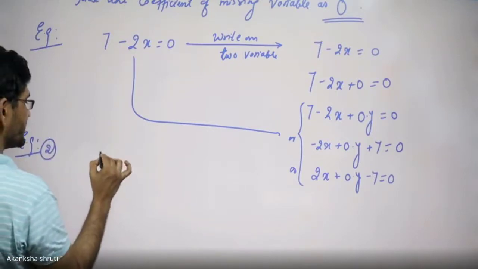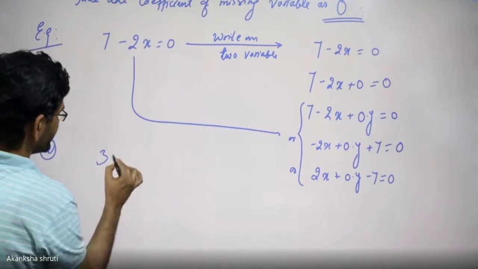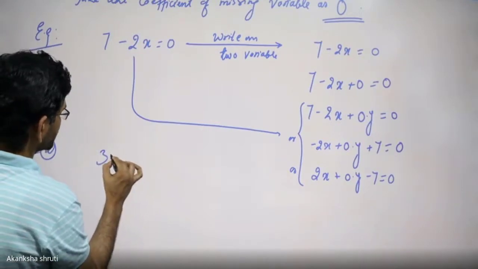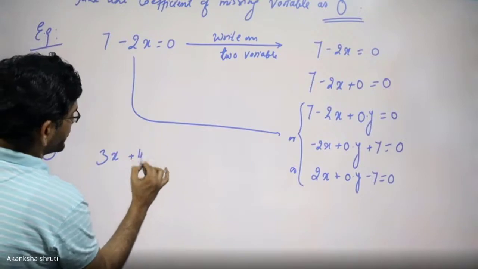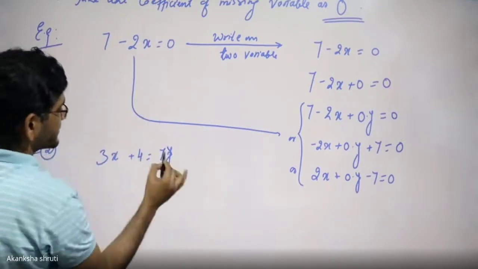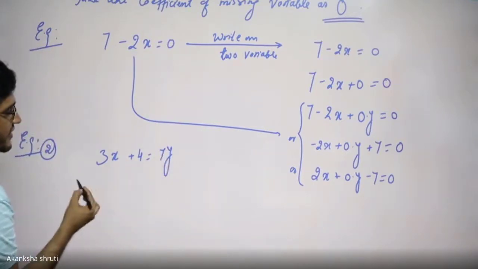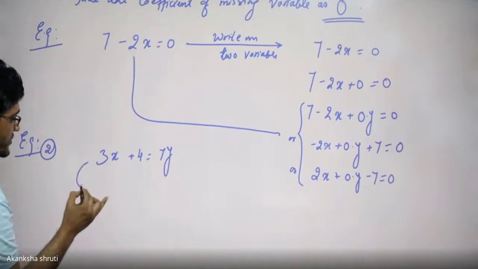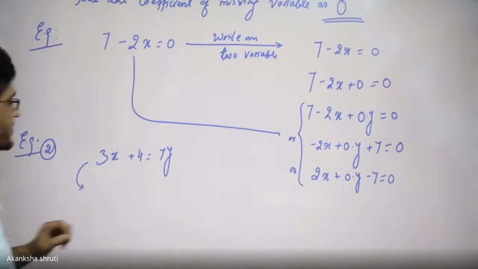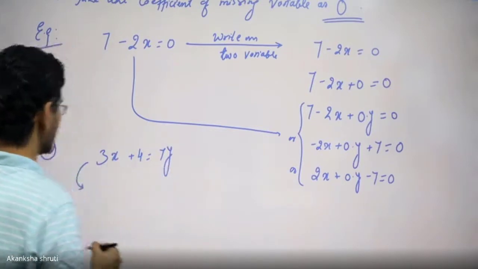Consider we have 3x plus 4 is equal to 7y, and then we have to write it in the standard form. So students, for writing this in standard form, we have to bring all the variables and constant to the left hand side.